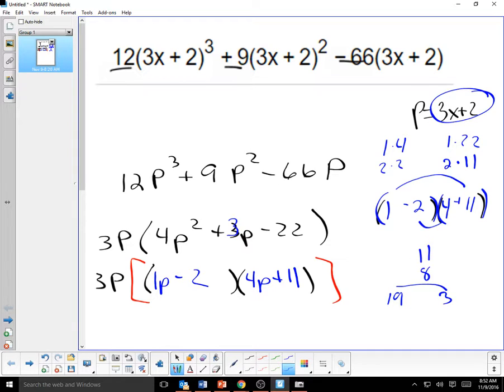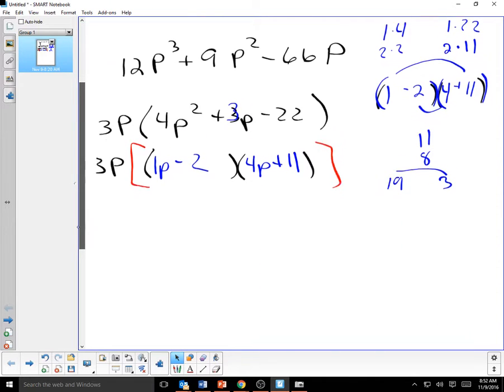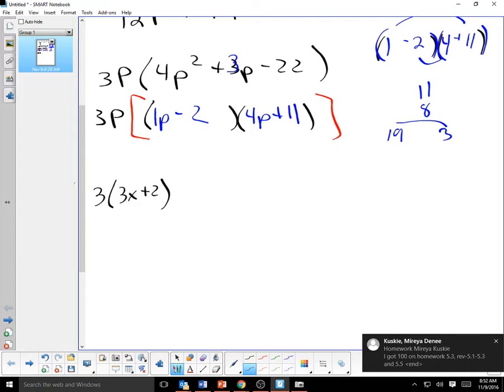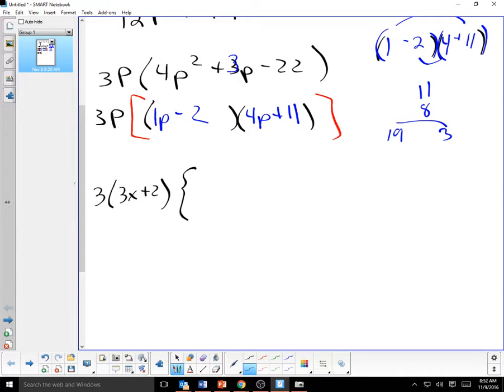Now, here's the way that I would write it. Where's my expand page? Oh, here we go. So here's the way I would actually write it. This would become 3 times 3x, plus 2 or minus 2? Plus 2. This bracket now becomes a brace, because that's the order in which things go: parenthesis, bracket, brace. Now this parenthesis is going to become a bracket, and this p is going to become 3x plus 2.